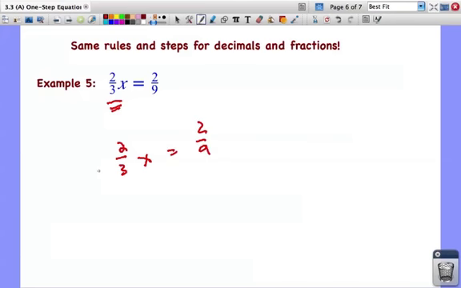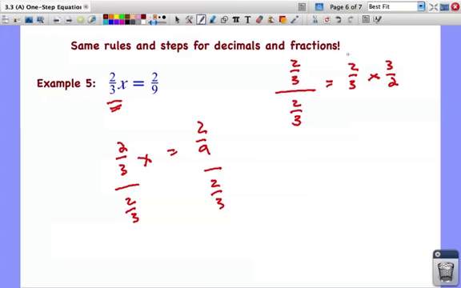What I need to do is divide by 2/3. If we remember before, dividing by 2/3 is just multiplying by the reciprocal. So that equals 2/3 times 3/2.